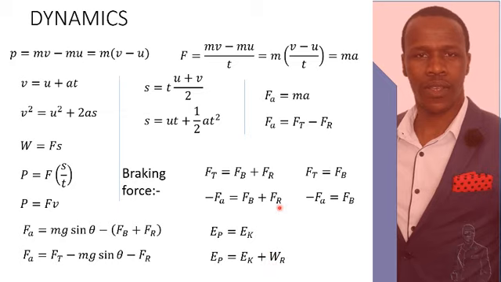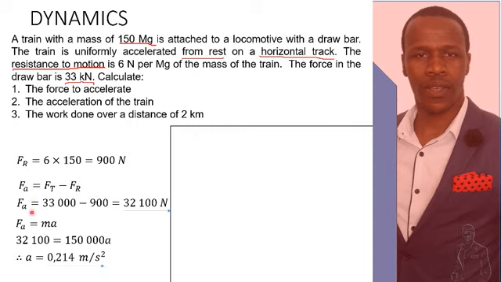That means we'll use Fr for this work done. So it will be Fr times the distance. So that is the only exception. Otherwise, generally we will always use Ft as our force.